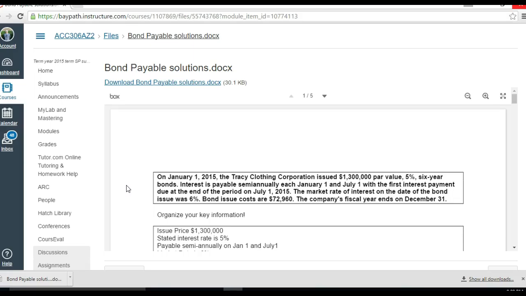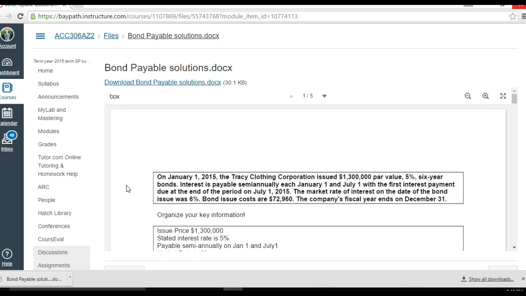The market rate of the interest on the date of the bond was 6%. This is very relevant to us because that 6% is really going to be the effective interest that we're going to have to pay. When the market rate is greater than the coupon rate, what it's telling us is that we are not paying the interest that the market will bear.